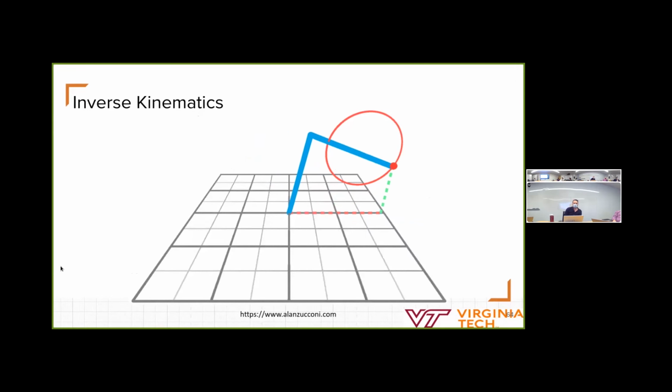Here's a 2D example, and we're going to stay pretty much in the 2D realm for this use case, because with redirected walking we're only concerned with the plane.